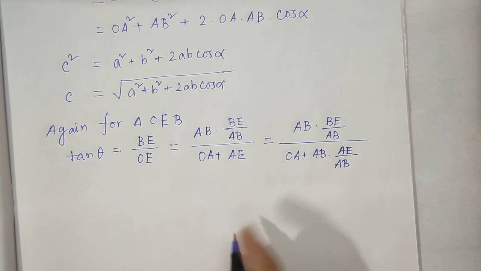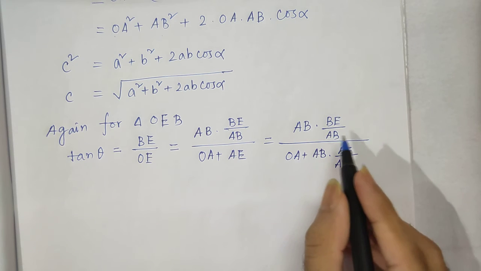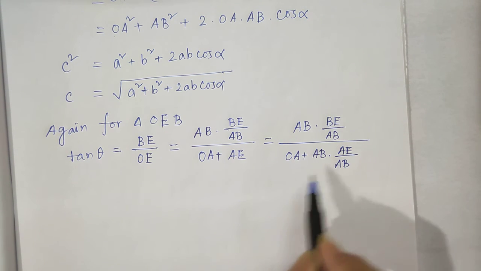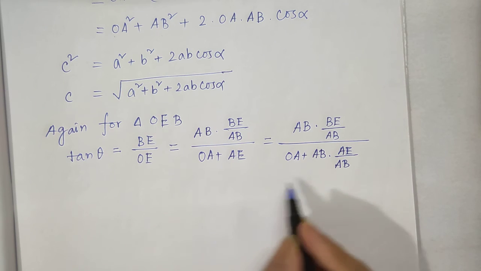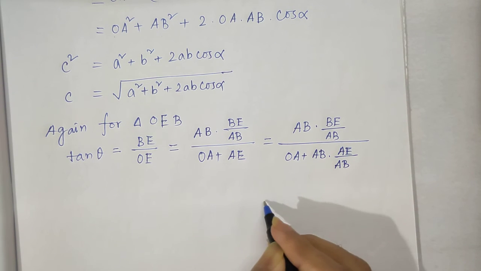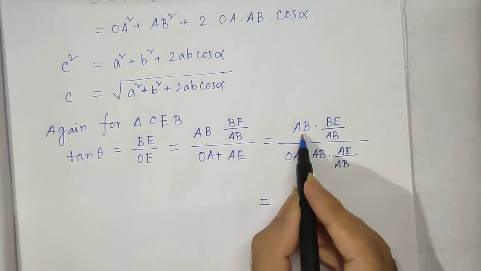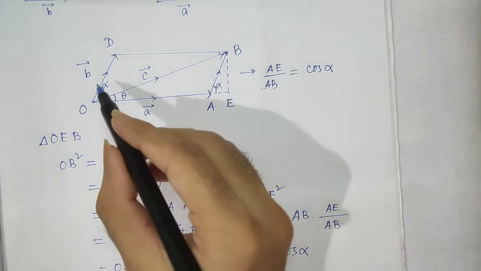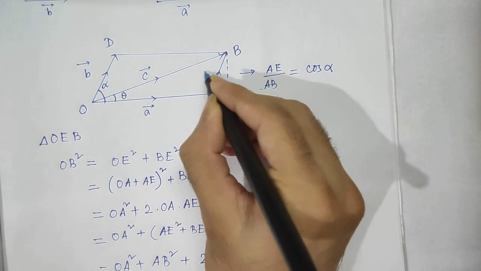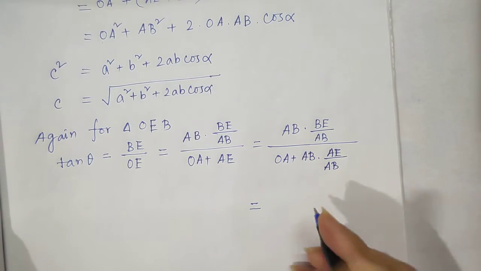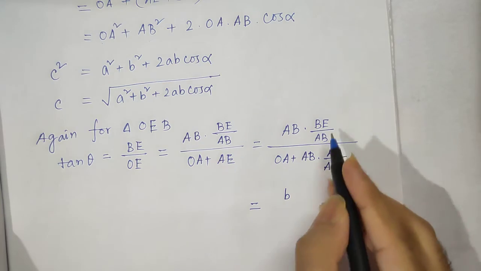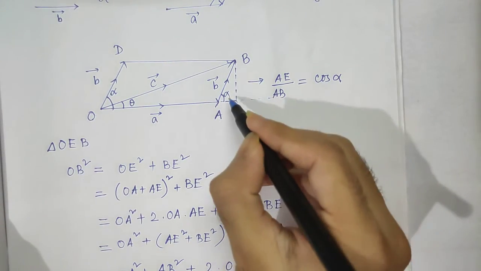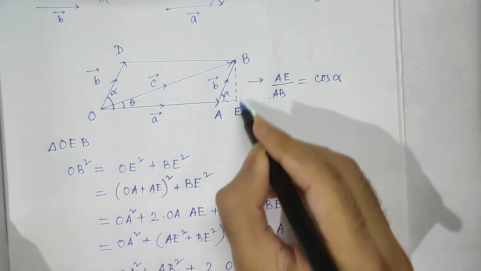Cool. Now we have to express these terms in the form of AB and alpha. So equals AB. What is AB? AB means the b vector, right? So AB equals b. BE divided by AB, what does this mean?